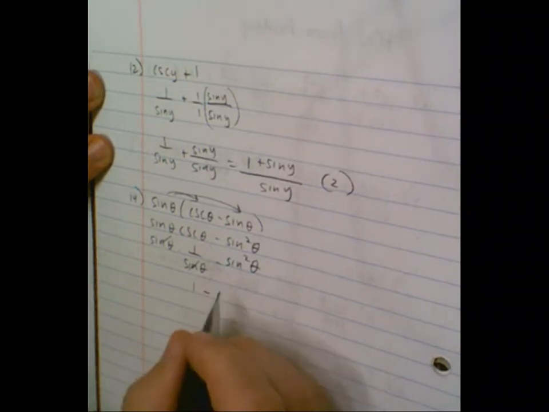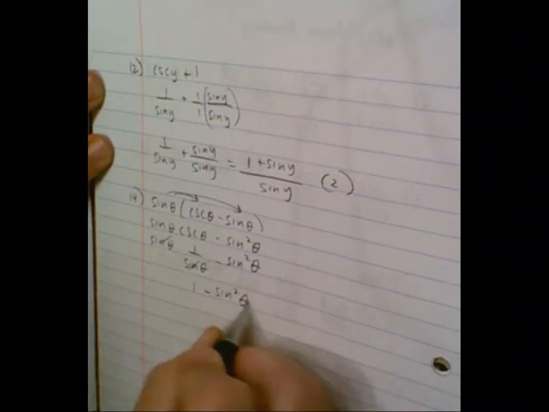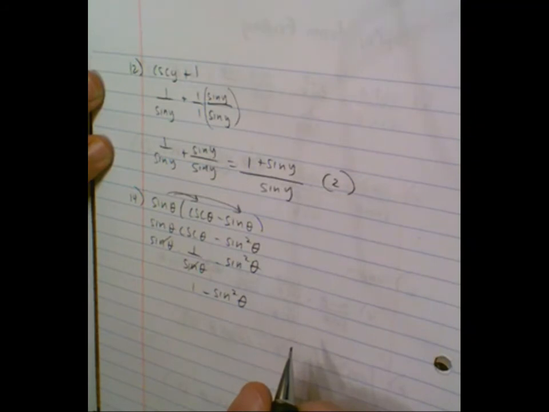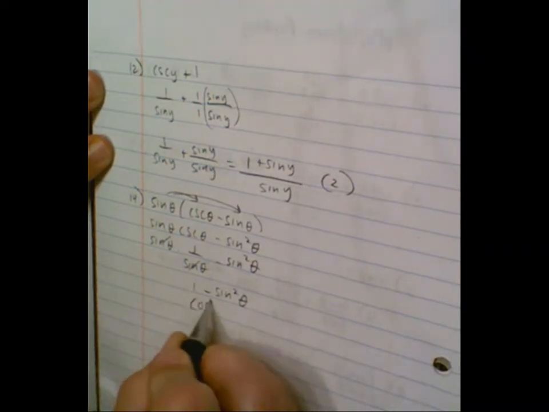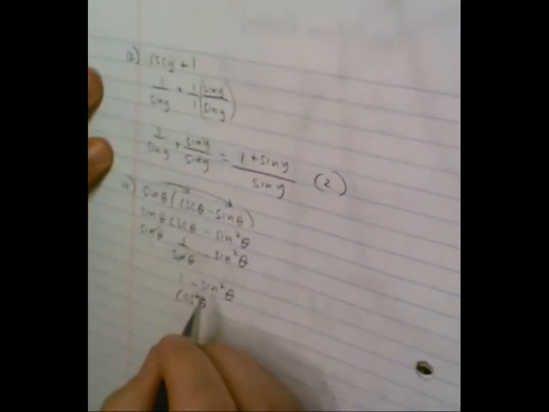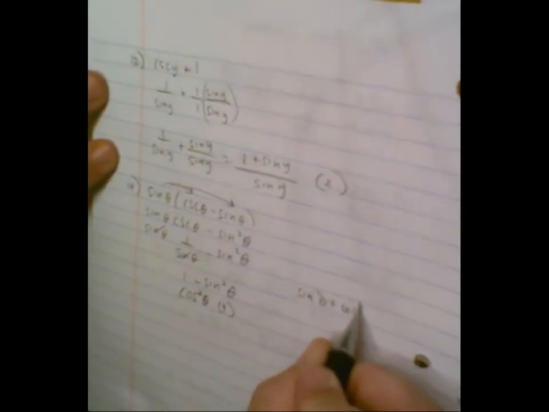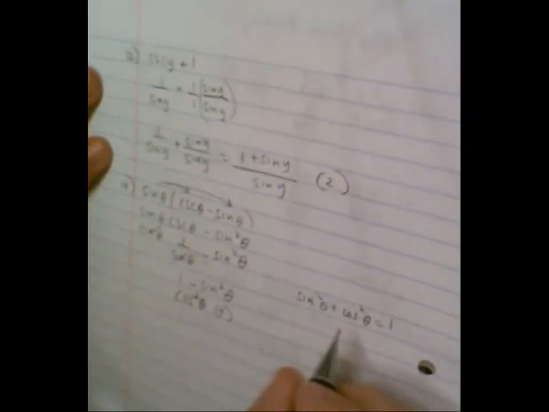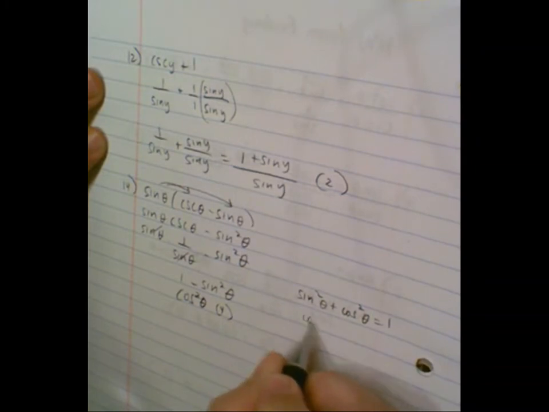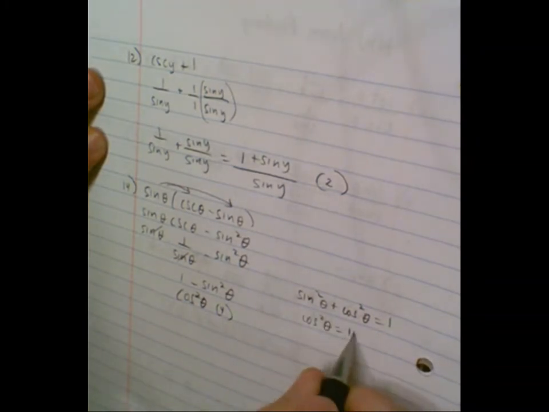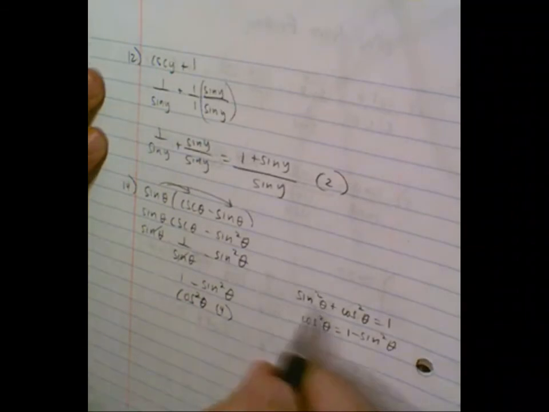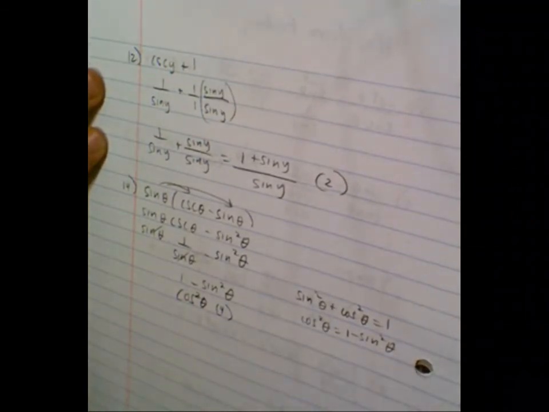I'm left with 1 minus sine squared theta. 1 minus sine squared theta is not a choice. But what is a choice is cosine squared theta. And that's the answer. Cosine squared theta is choice 4. Why is that true? Because sine squared theta plus cosine squared theta equals 1. So cosine squared theta is equal to 1 minus sine squared theta if you subtract sine squared theta from both sides.